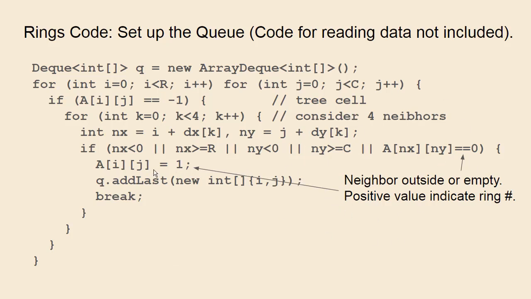For each of those nodes, we add the index to the queue. This loops over every cell that is a tree trunk, and for each of those we look at its 4 neighbors. So overall this is linear in the total number of cells, linear in R times C.